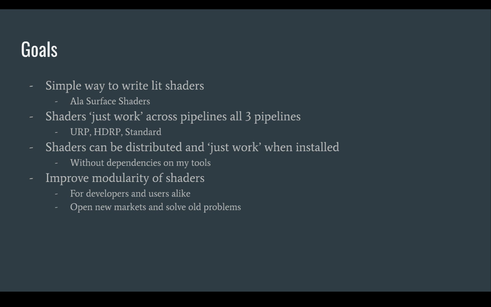So if you type a standard that's in the surface shader, like the way that you can sample textures with different samplers, or if you do Unity world to object, when it gets to the HDRP pipeline, it'll actually convert that for you. So it'll accept the surface shader syntax for things, and these just work across the pipelines. I can load them in any of the three pipelines and they will just load up and everything is great.